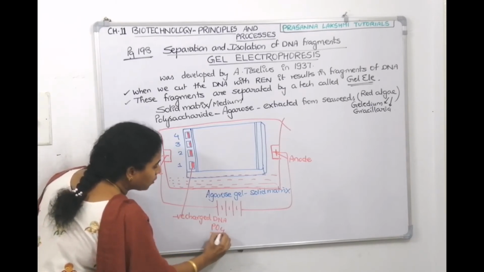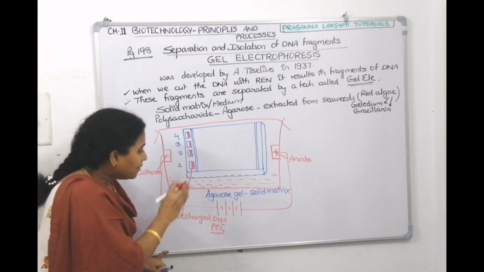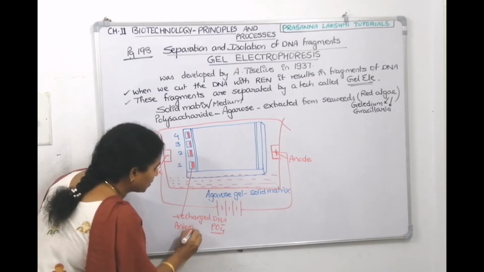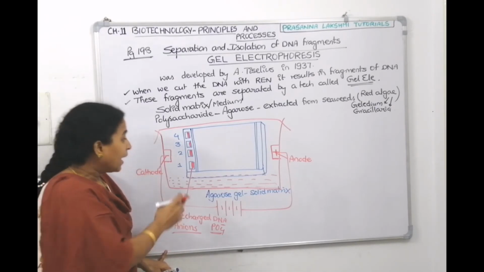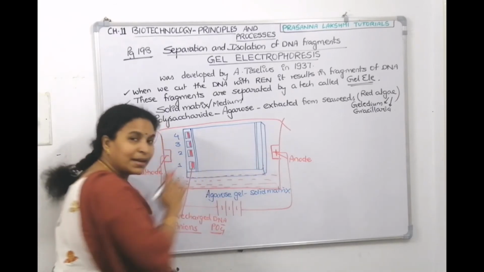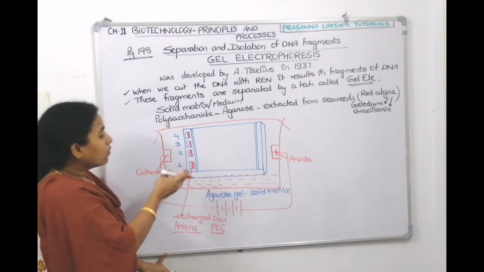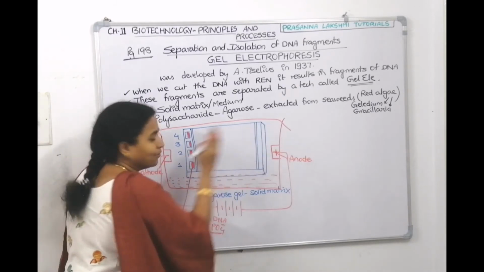Because of the presence of the phosphate group. Negatively charged particles are called anions. Anions move towards the anode. So that is why you have loaded your DNA at the cathode, and they move towards the anode.